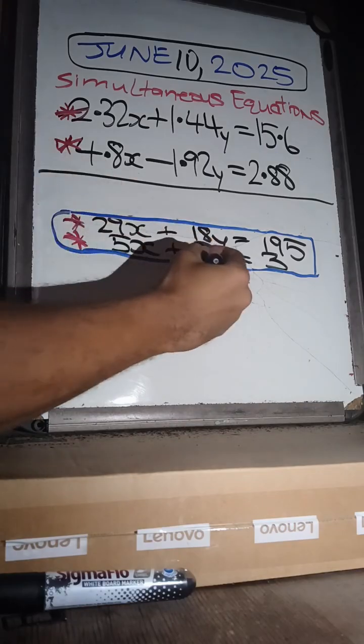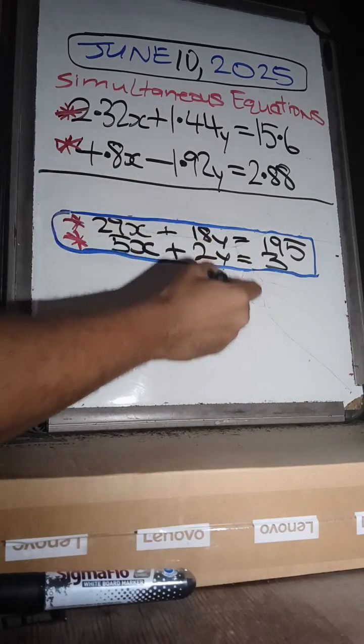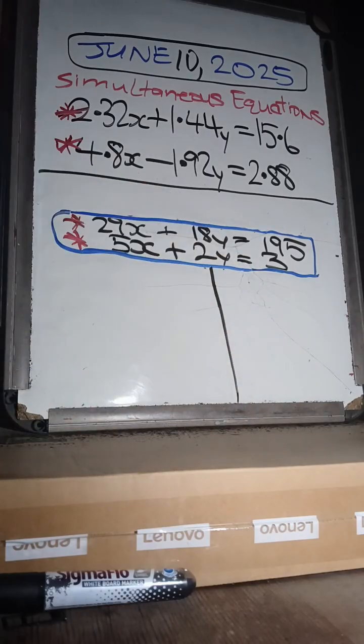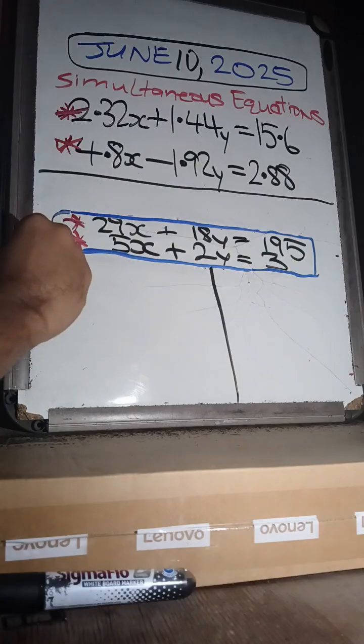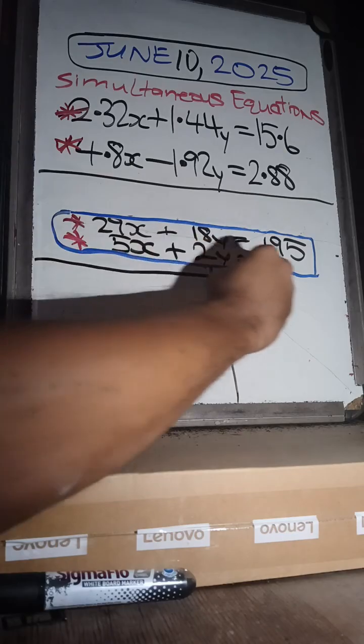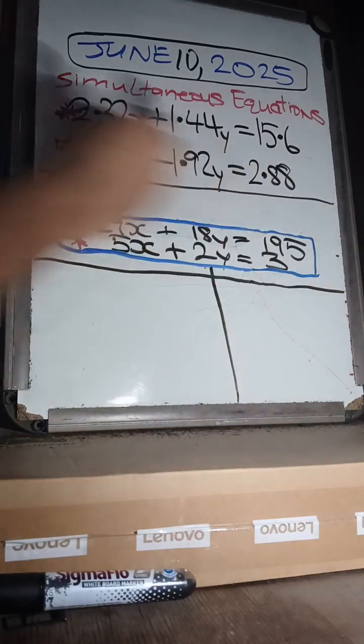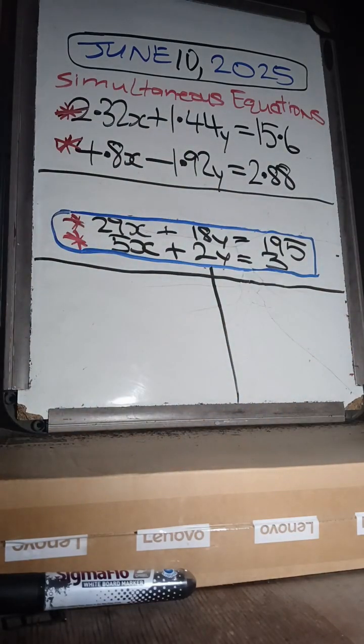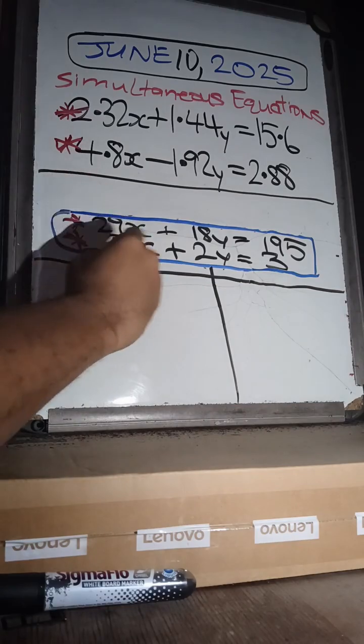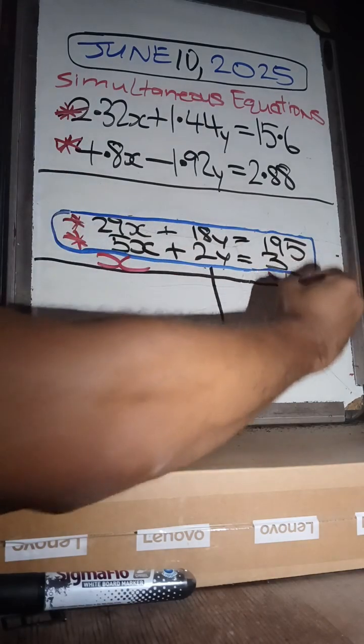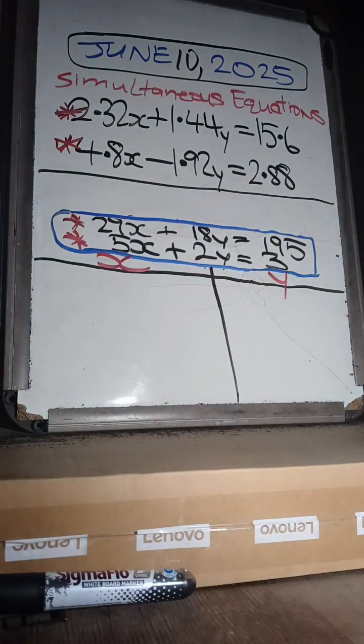Okay, so we have our left and right. We have our x's and we have our y's. Over here is what we do to x, over here is what we do to y.